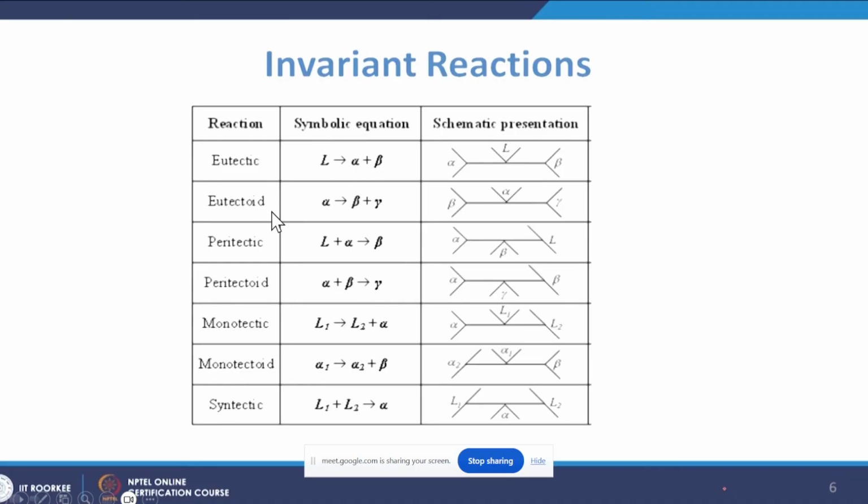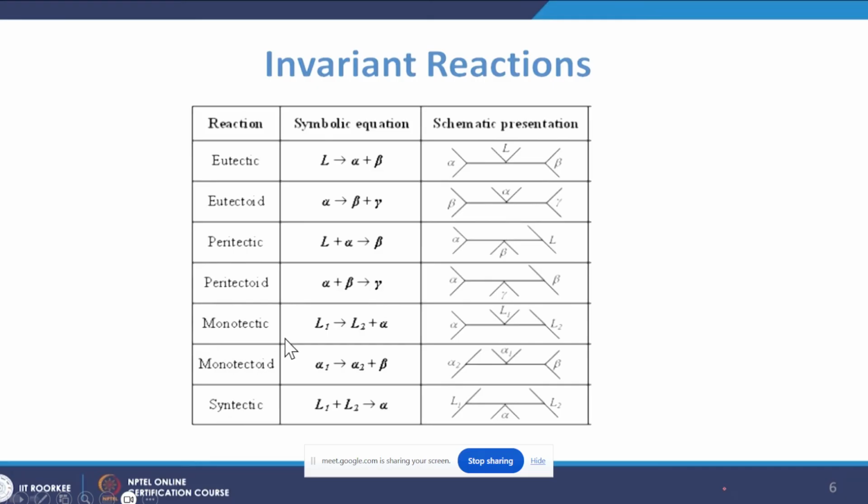Similarly, eutectoid is where one solid phase converts into two different kinds of solid phases. And the peritectic reaction is liquid plus one solid converting into another solid, and peritectoid is two solids combining to convert into one solid.